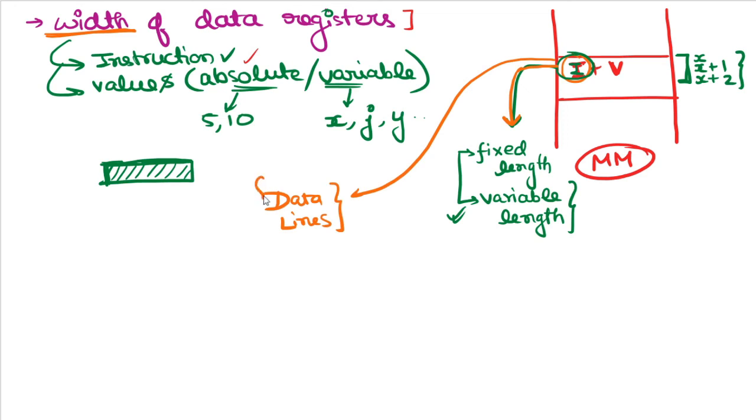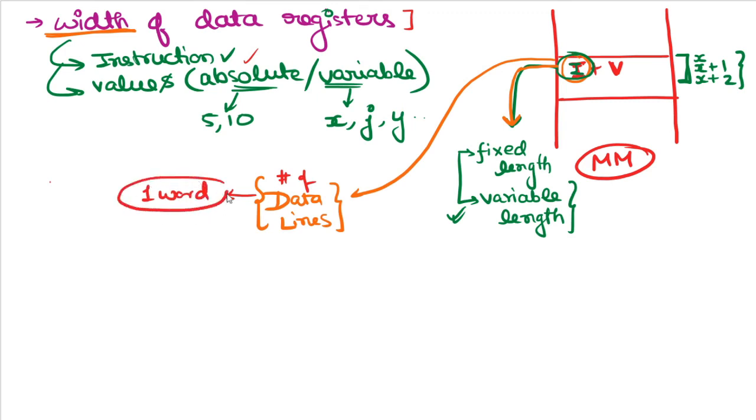We also discussed that we consider one unit of information to be one word. One word is nothing but one unit of information, and the number of data lines is one word.